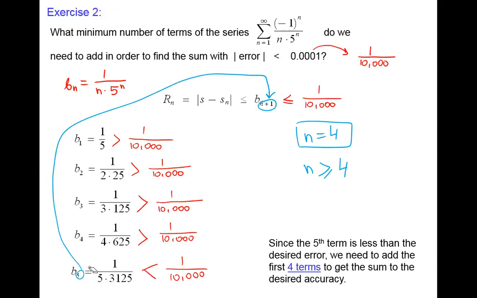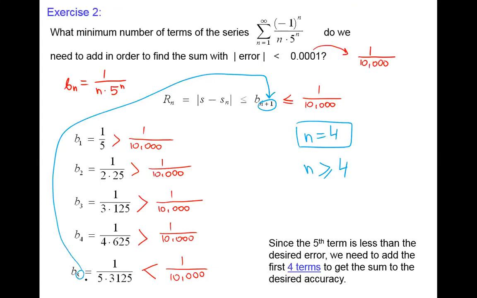If I add more terms, I will be making the error even smaller, so I will keep that accuracy. Please note that any number of terms equal to 4 or greater will keep this error less than 1 over 10,000.